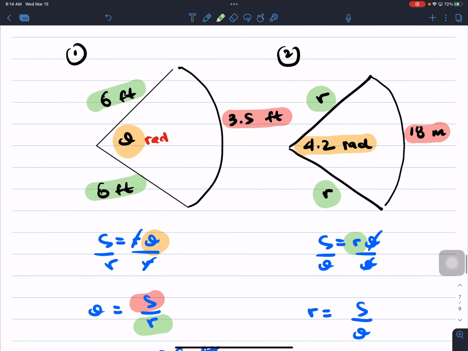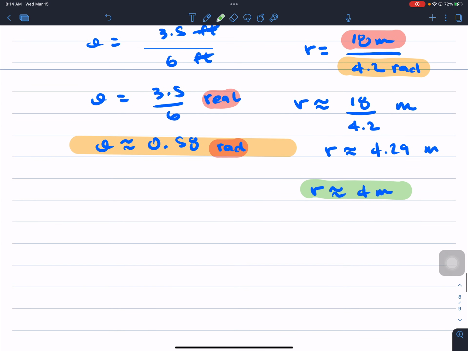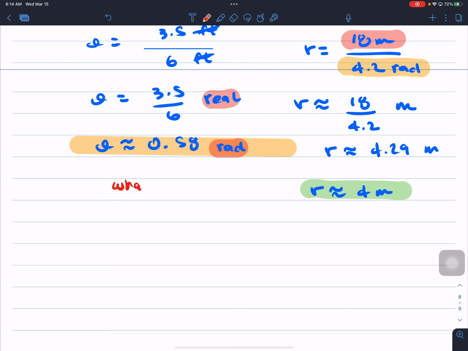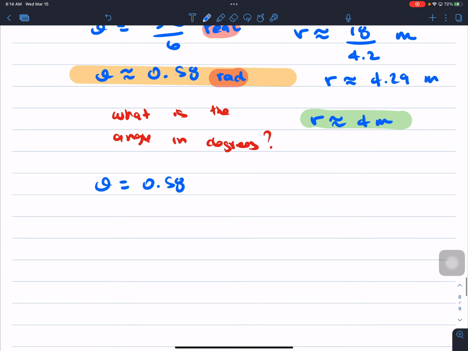Two questions. Go back over here. I'm going to say to you guys here, what is the angle in degrees? So you can actually do this. What do you got to do to convert to degrees?